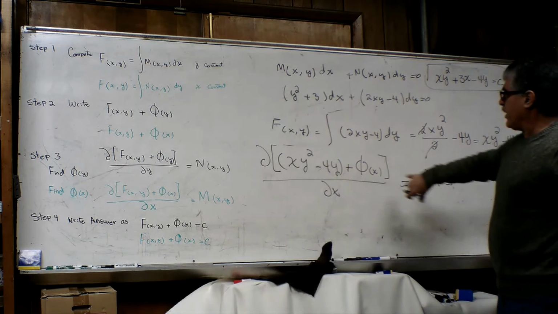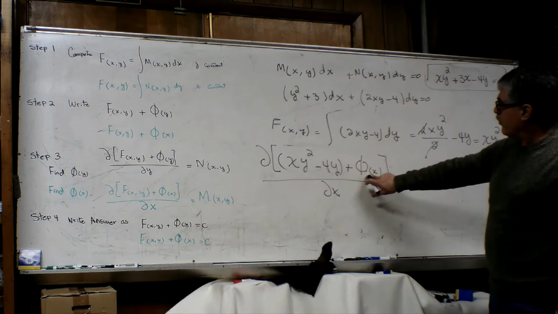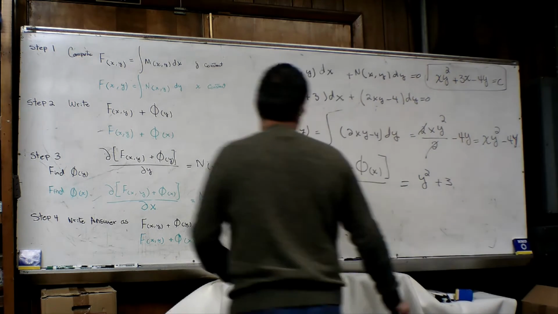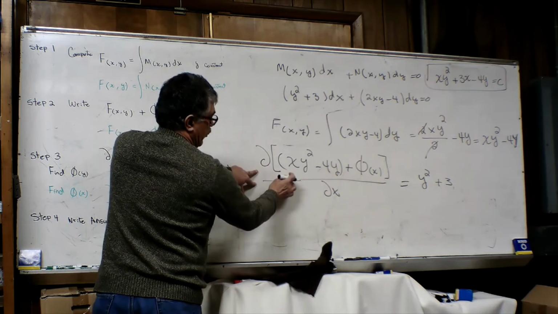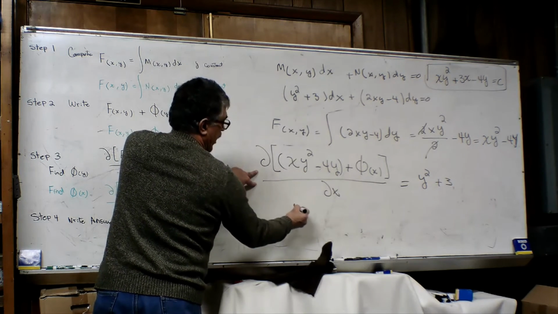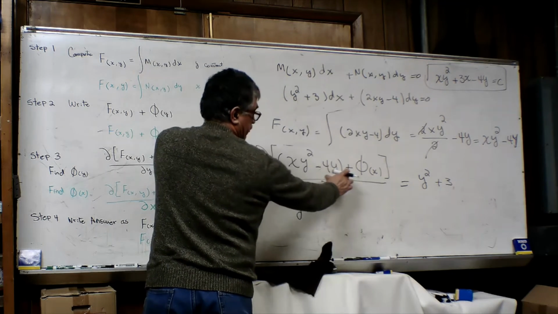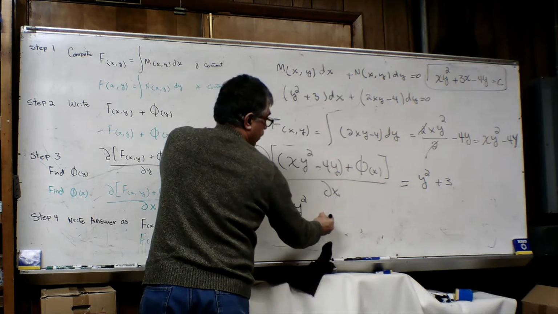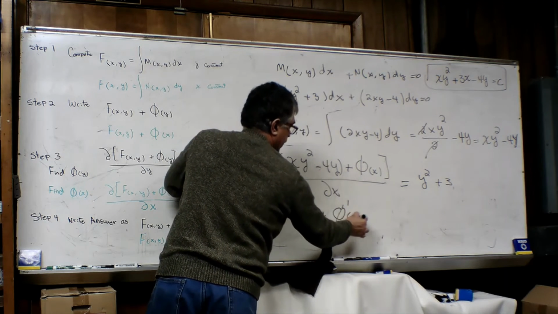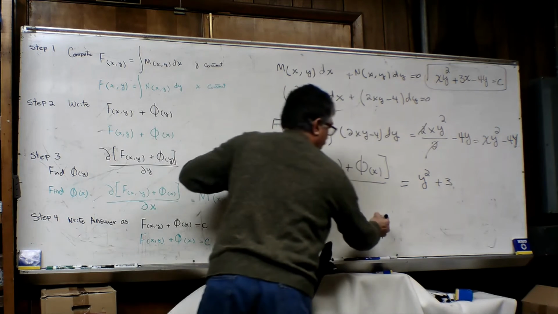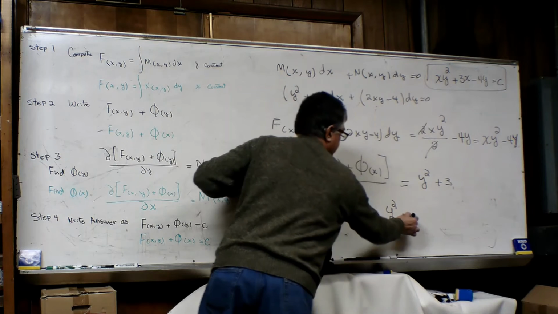From here again, we have to find the value of phi of x. If we differentiate this with respect to x, we are going to have y squared minus 0 plus phi prime of x equal to y squared plus 3.